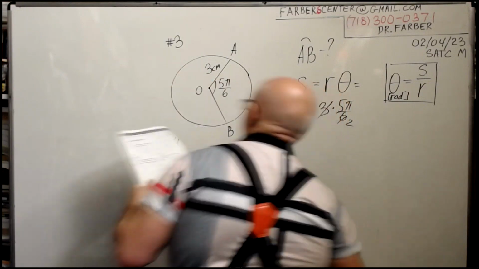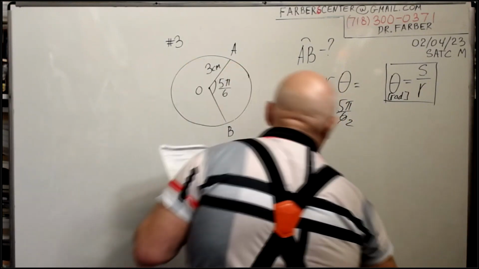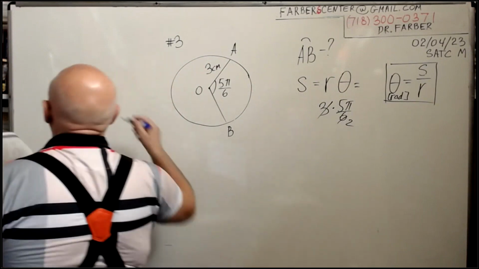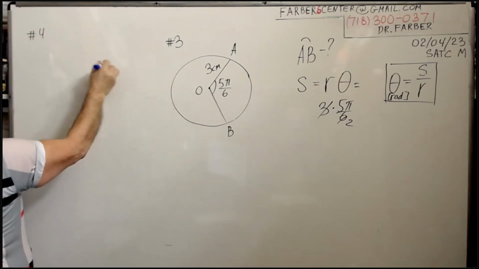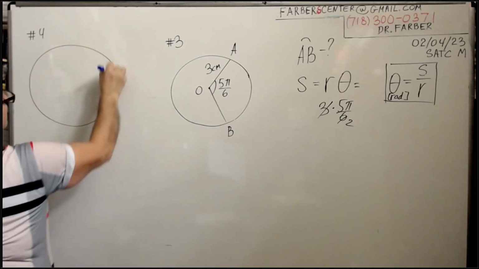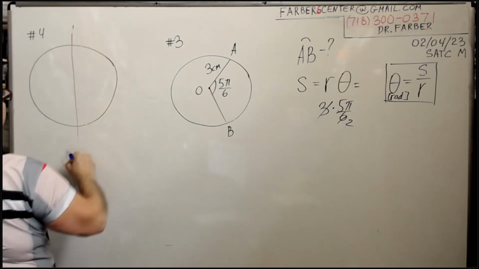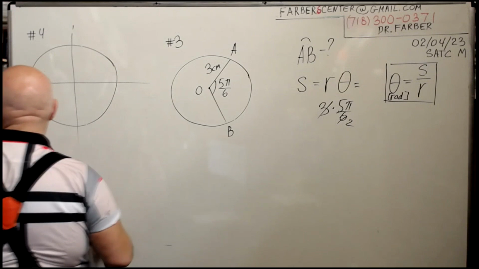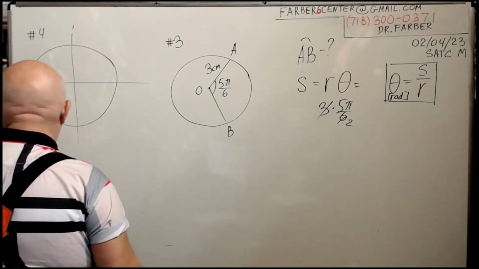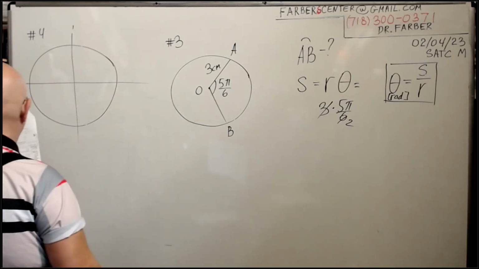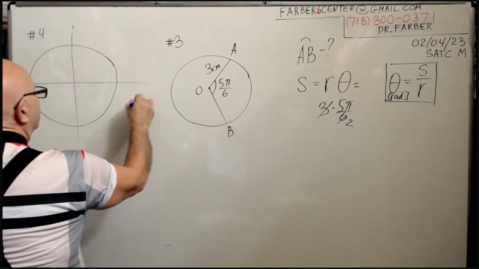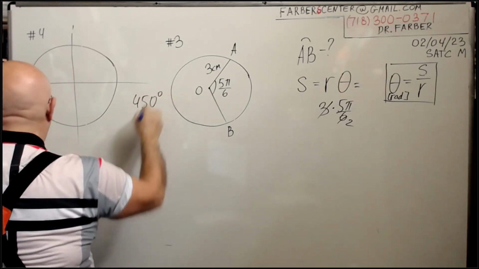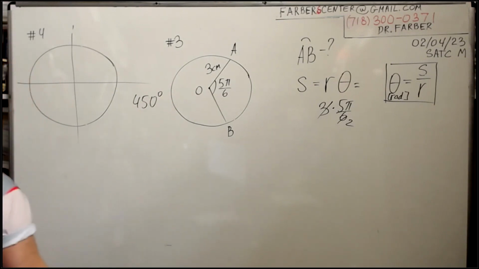Let me make a little bigger picture. I have unit circle. Then it's Cartesian coordinate. Okay. Get the same as 450 degrees. Okay.